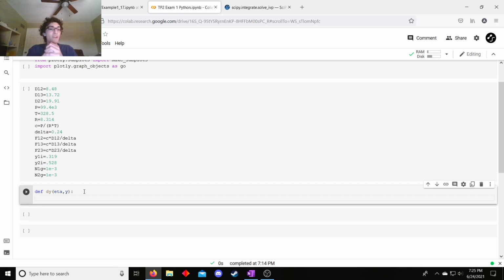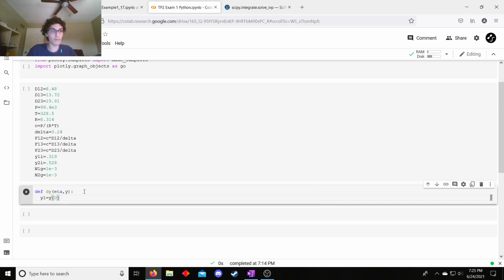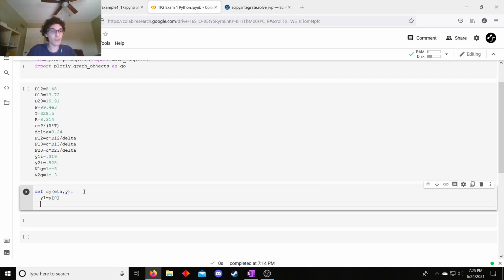The way Python handles arrays is that the first number in an array is index 0. So for 3 values in an array, it would be 0, 1, 2, rather than 1, 2, 3. So to make things simpler for myself, I'm going to say y1, which is the mole fraction of acetone, equals the first number in the array, and y[0] means the first number in the array because index starts at 0.